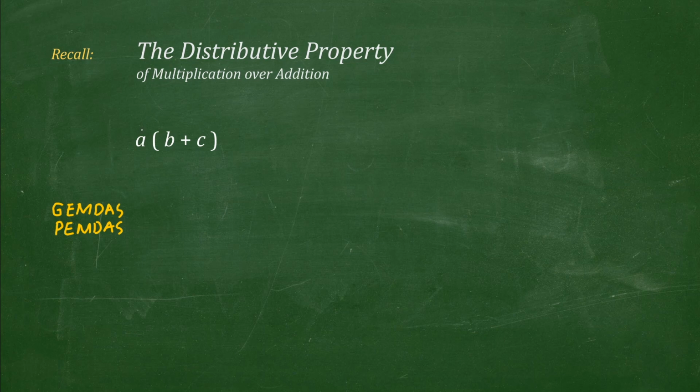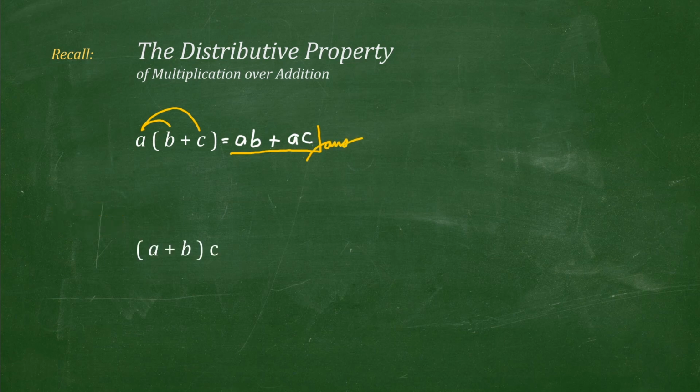We can simply distribute A by multiplying A with B and then A with C, meaning A times B is AB. Then copy the plus sign and then A times C is AC. So the answer is AB plus AC.